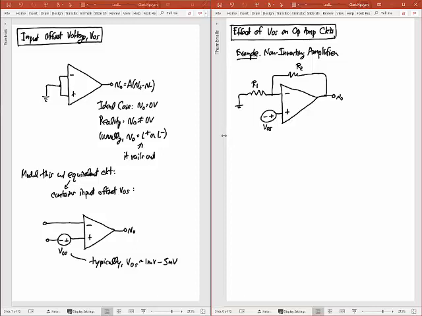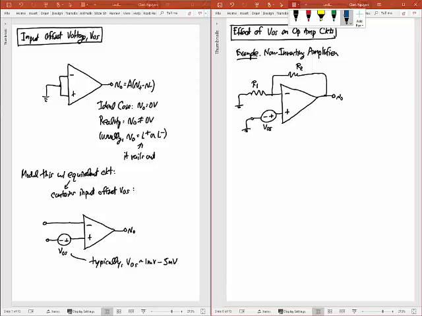Okay? And so this is where my original terminal is here, and I'm going to take that terminal and ground it. So if I took a circuit like this and I grounded that terminal, which is the input terminal of my non-inverting amplifier, then my output voltage should be 0 volts. Okay, but in reality what happens, because I have this offset voltage here, my output voltage is not going to be 0 volts.